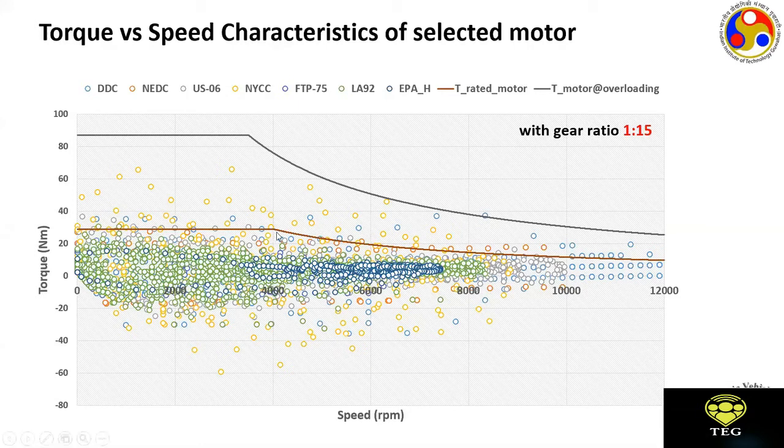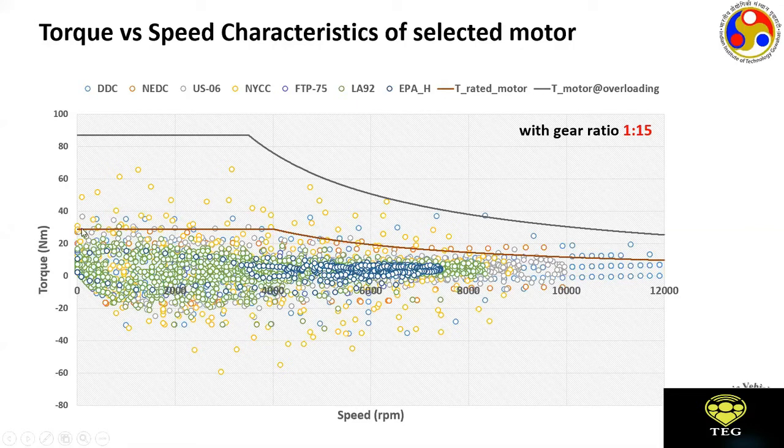Now beyond 4,000, we are going into field weakening. Field weakening means you are weakening the magnetic field inside the machine. So if you go into field weakening, the torque output of the motor also falls. That means after 4,000 rpm, the torque of the machine starts to fall, and this is what you see in the brown curve.